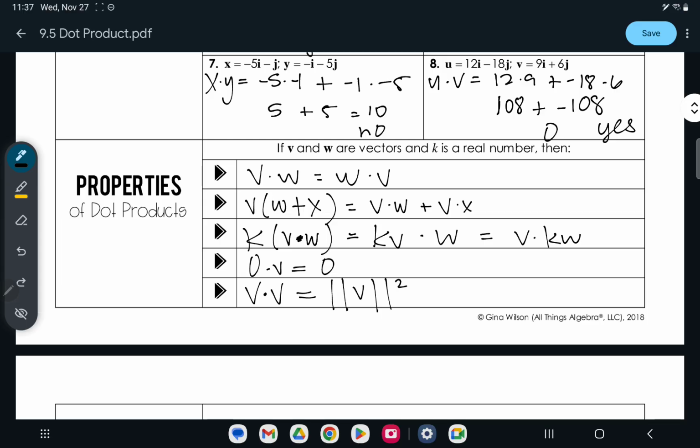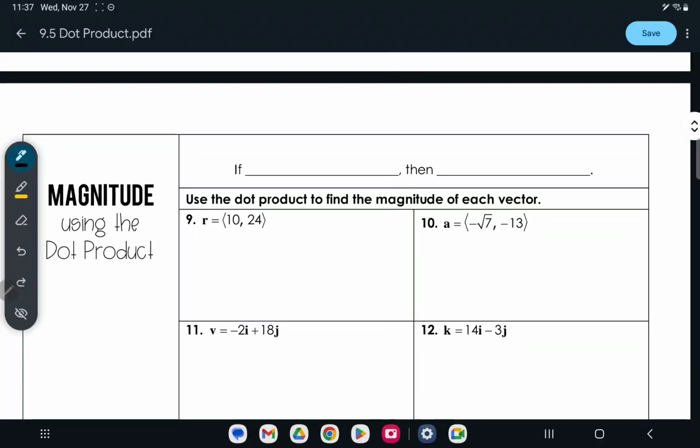All right, let's look at another piece of information here. The magnitude of the dot product. Well, if multiplying them together, so dot product is the magnitude, or magnitude squared, then the magnitude is the square root of V times V. So let's look here.